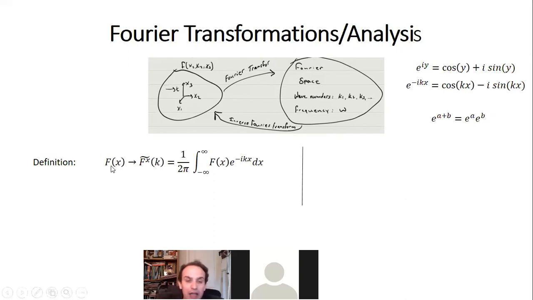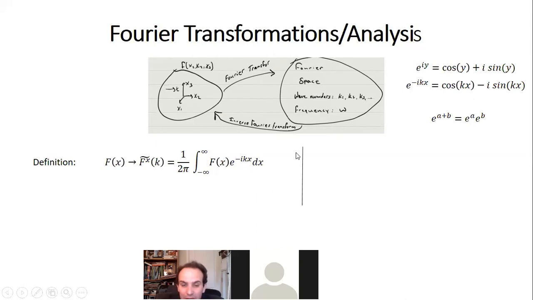Instead of my function f of x, I will have its image, its transform, which will be f hat of k in k space, a function of the wave number k, and it is defined like this: the integral of f of x times e to the minus ikx dx.